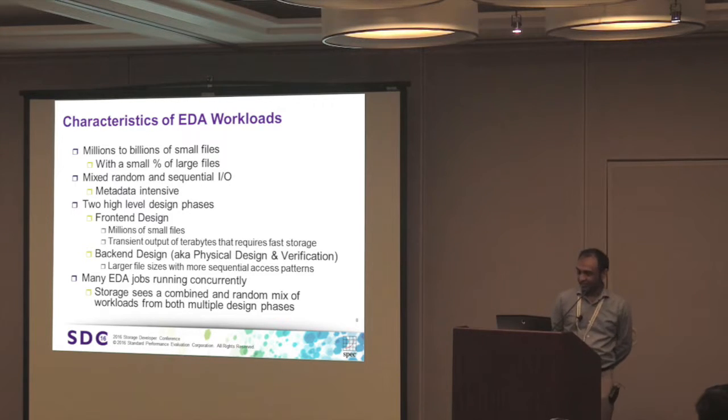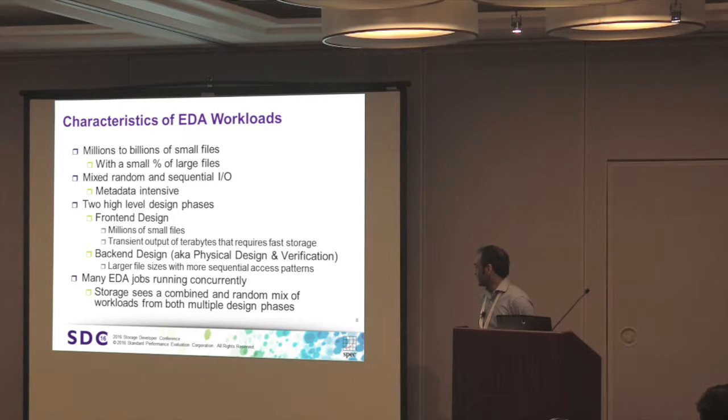The front-end design phases does generate a lot of transient data known as scratch data. And the scratch data in the EDA space, unlike HPC, is actually stored on a NAS, right? In a traditional HPC, you would find that the compute grid will have some kind of an interconnect, and some kind of a distributed file system across it.